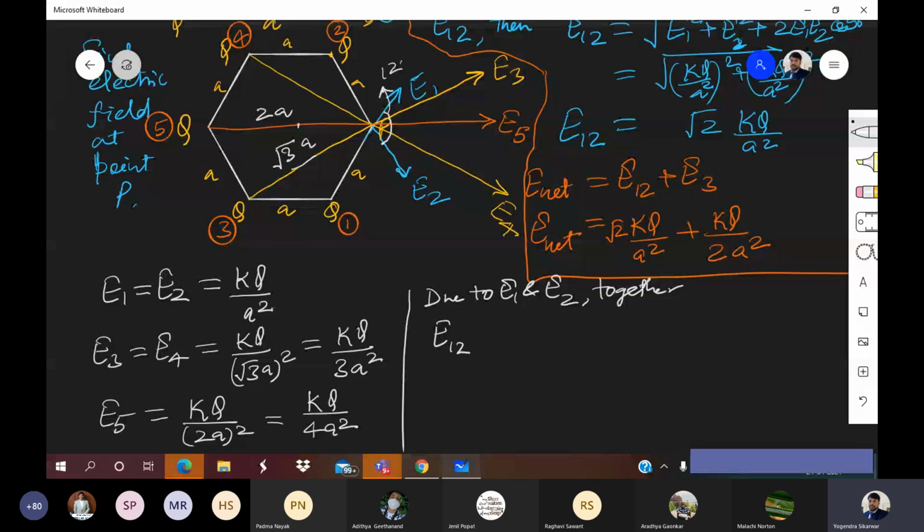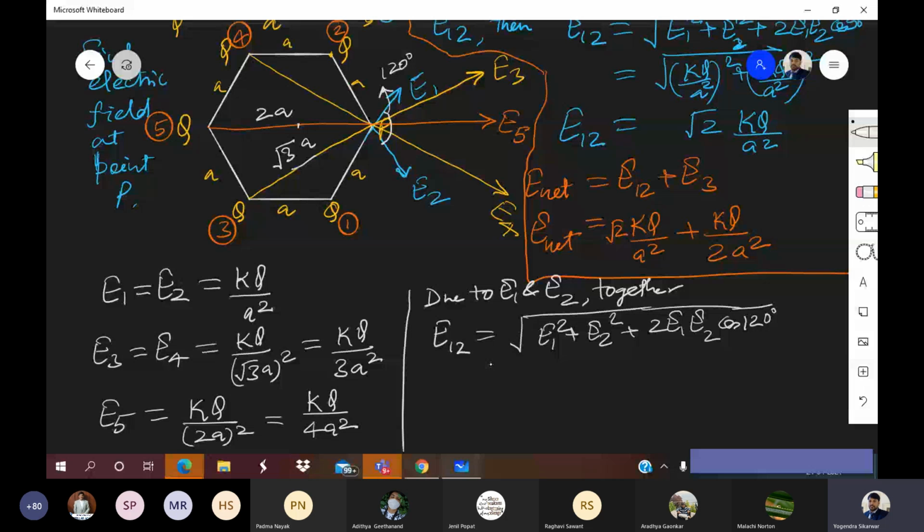So E12 will be under the root of E1 square plus E2 square plus 2 E1 E2 cos 120. Remember that cos 120 is minus half, and E1 and E2 are equal in magnitude, KQ by A square.